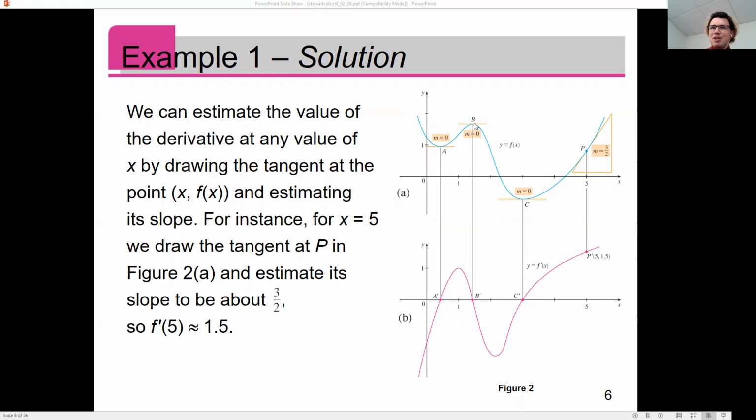The pink curve is always 0 when the blue function sort of flattens out in these 3 points. And the pink function is always positive when the blue function is increasing. So again, I haven't actually done any algebra here. I don't have formulas for these functions, but I can identify this relationship just going off of the picture.